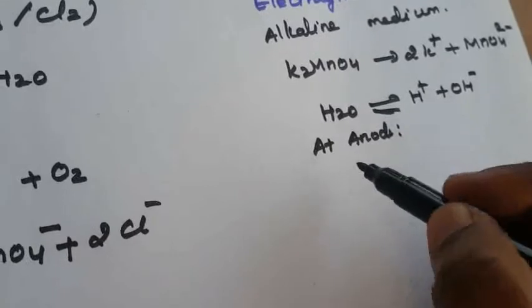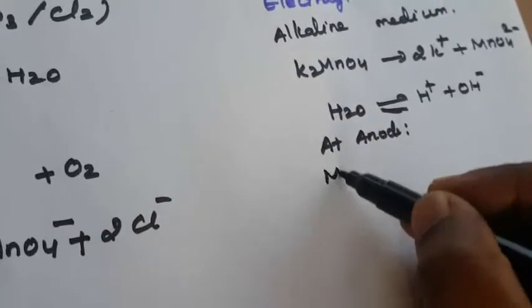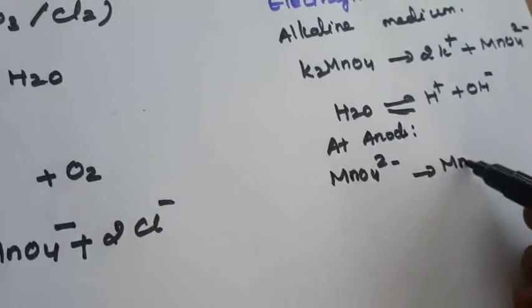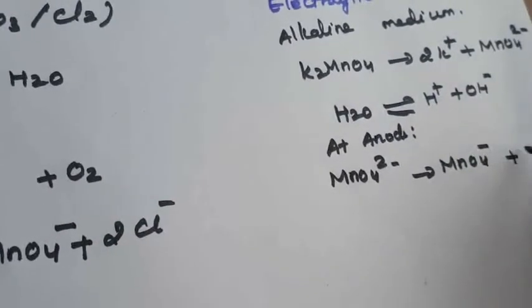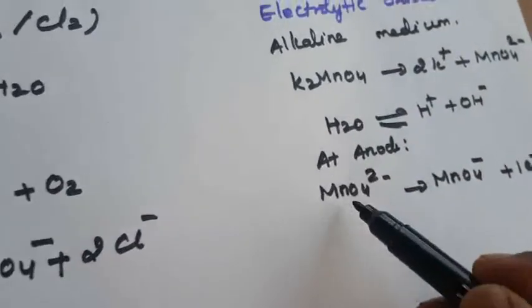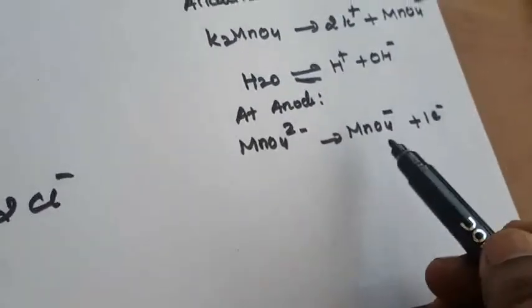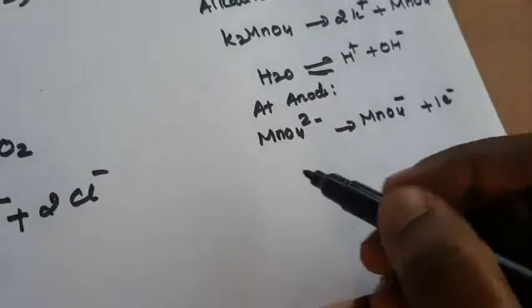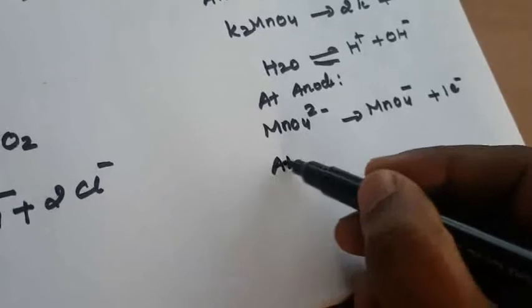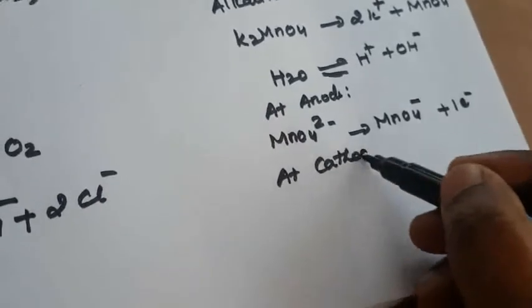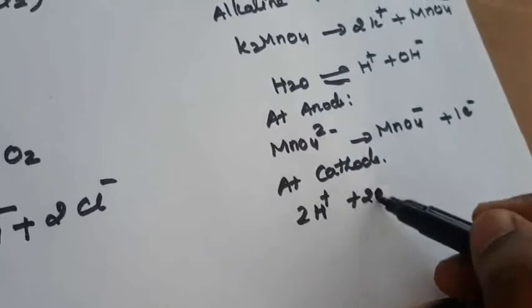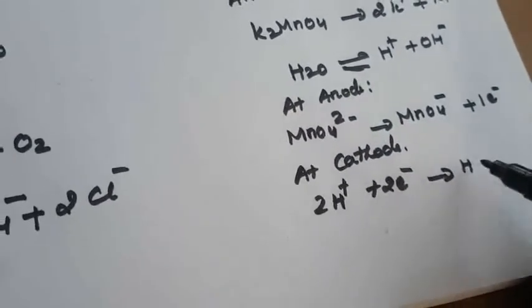At the anode, MnO4 2 minus loses 1 electron to give MnO4 minus, so MnO4 2 minus is oxidized to MnO4 minus plus 1 electron, which is already balanced. At the cathode, H plus gains 2 electrons, and hydrogen is liberated.